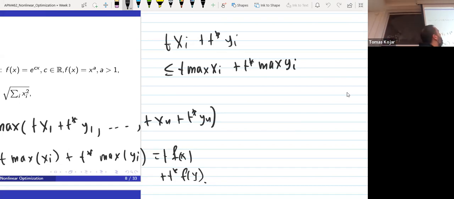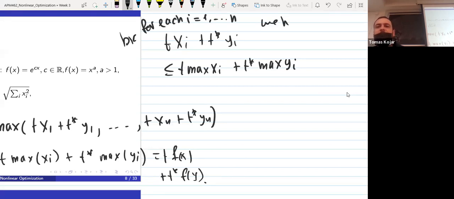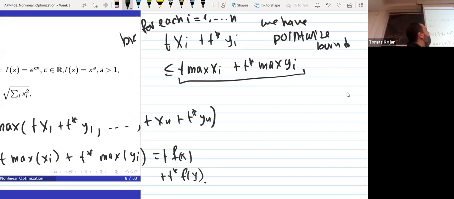So each of the components is bounded by this number, and this number does not depend on i. I don't know however you want to think about this. So, yeah, that's the proof. Because for each i from 1 to n, we have, if you like, a pointwise bound. And this bound does not depend on i, so you can take its maximum.